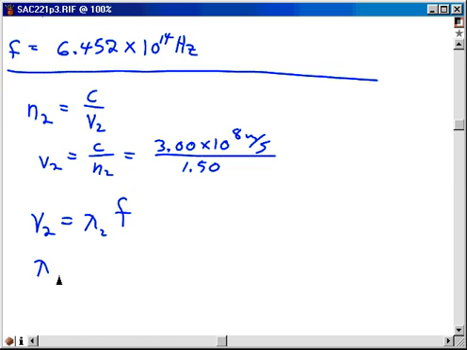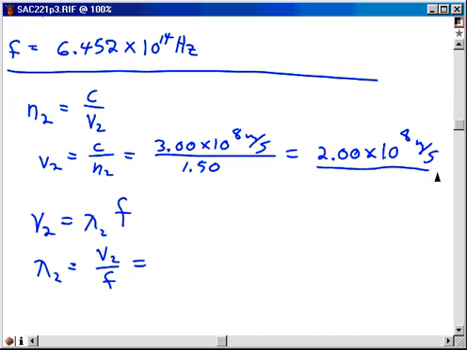Solving that for the wavelength this time, V2 over F is, well, I better finish that one up. Get rid of the units there, and it's 2 by inspection, 2.0. I mean, you can do that one in your head. Times 10 to the 8th meters per second is the speed of the light in the glass.